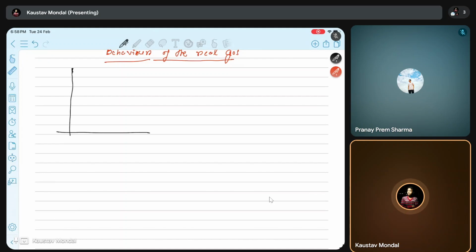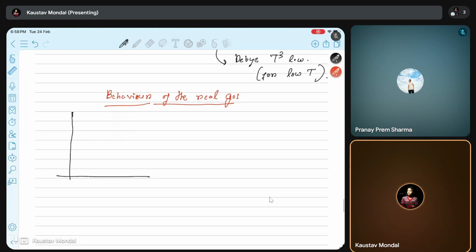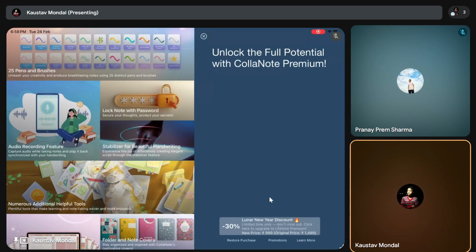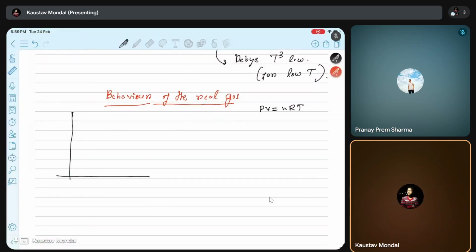So in the case of an ideal gas, we know it follows a very simple relation, which is given by PV equal to nRT, right? From this relation, as you can see, for a constant temperature, PV is basically fixed. Okay, if T is constant.